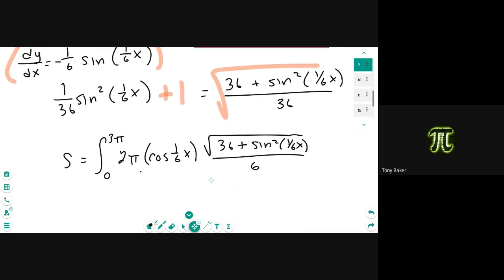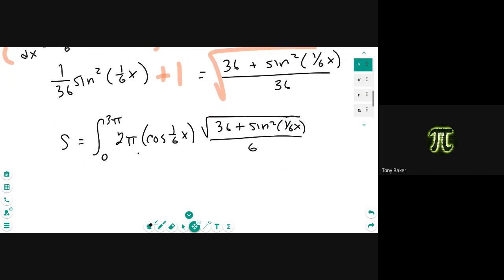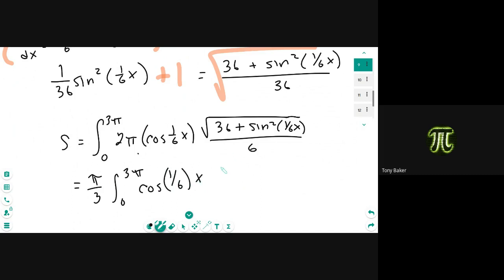Why is it over the square root of 36? Wouldn't the top be off? Nope. So I can pull out pi over 3. I have cosine of 1/6 x.